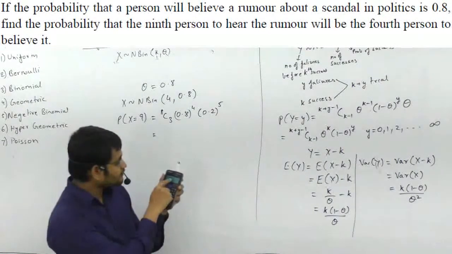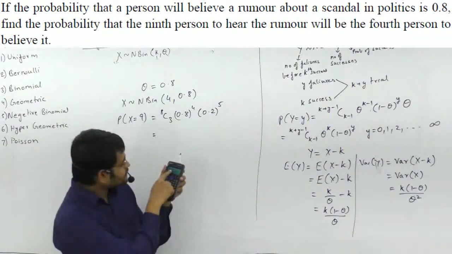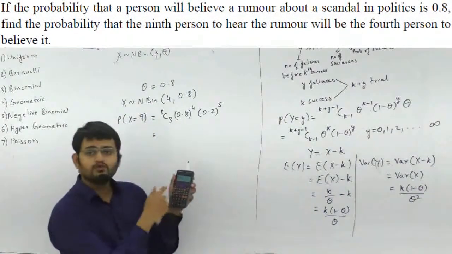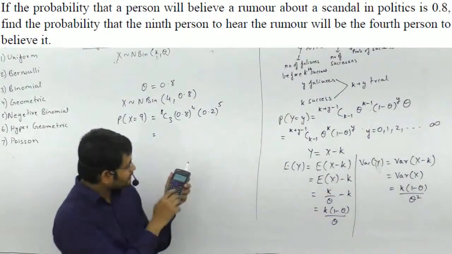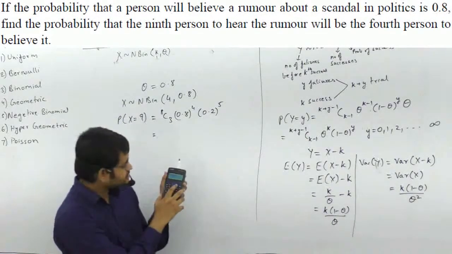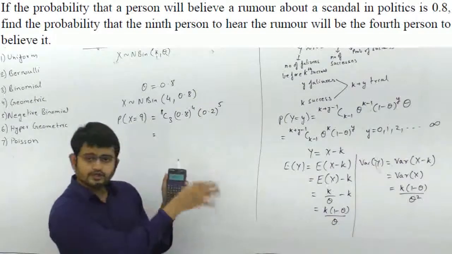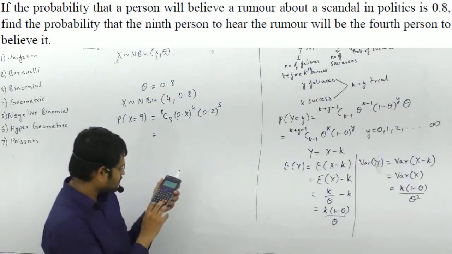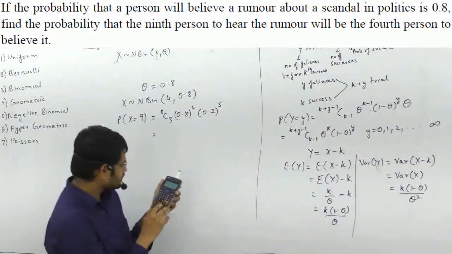If you want to move your cursor out of the raised-to value, you can press the arrow keys. The right arrow will bring the cursor down. So that into 0.2 raised to 5.